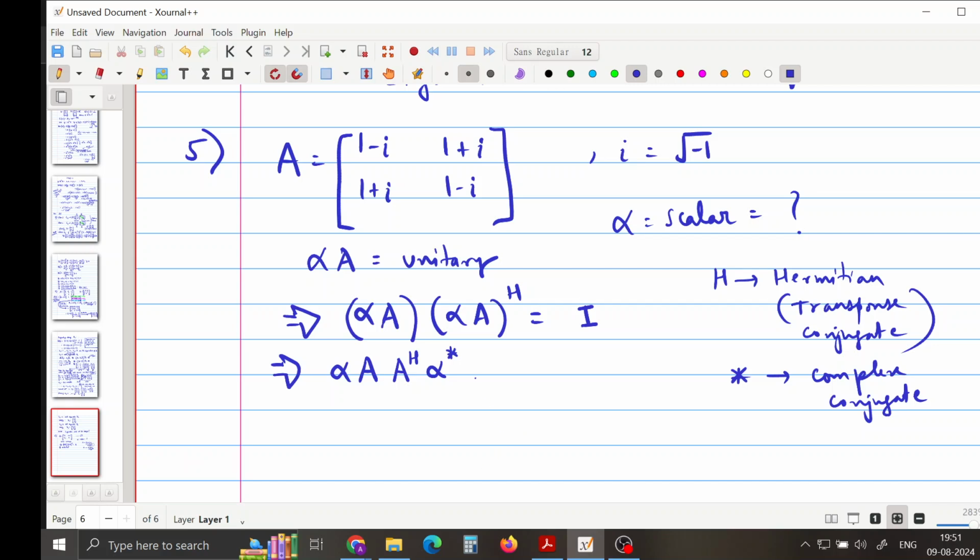I have used the property that if you have some product of two matrices p q, the whole Hermitian is equal to q Hermitian times p Hermitian.